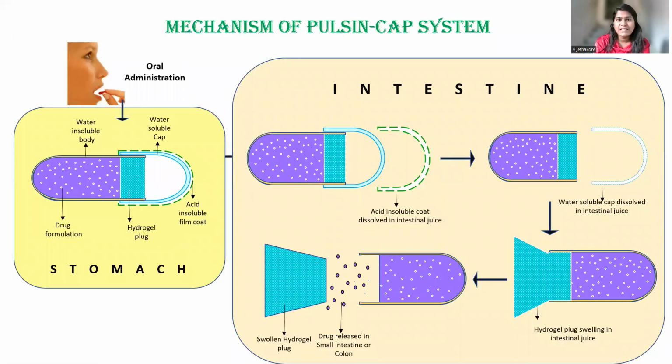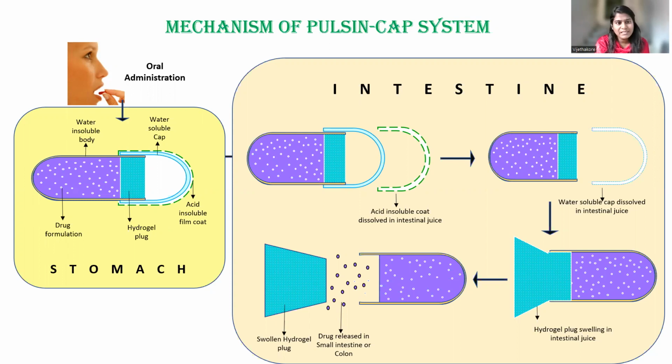Now we'll see the mechanism of the Pulsincap system. When this Pulsincap system, nothing but a capsule, is administered orally, it reaches the stomach. In the stomach, there is no change in this system.